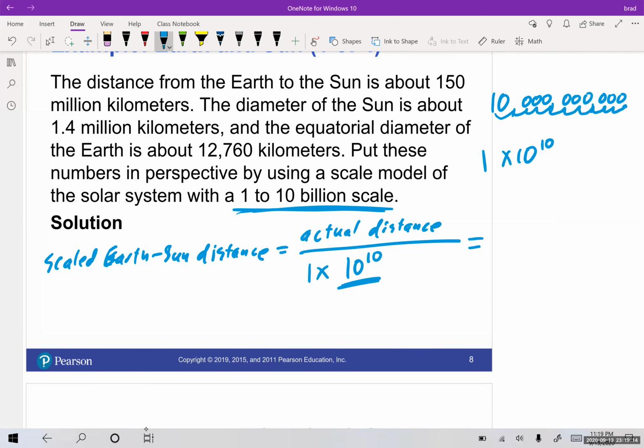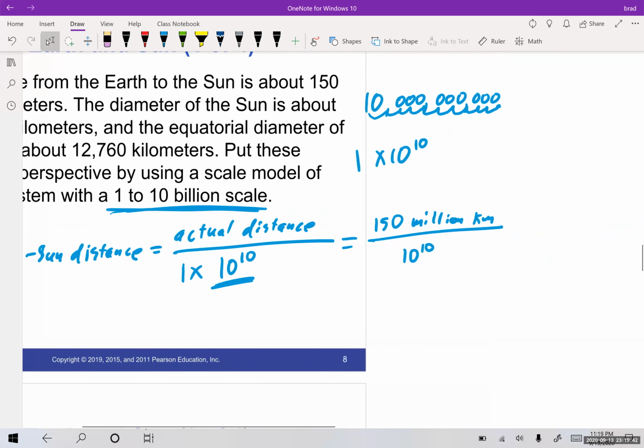So then the actual distance is 150 million kilometers, okay? So 150 million kilometers divided by 10 to the 10th.